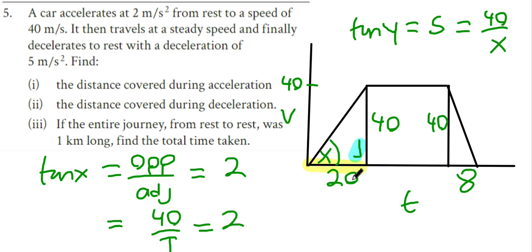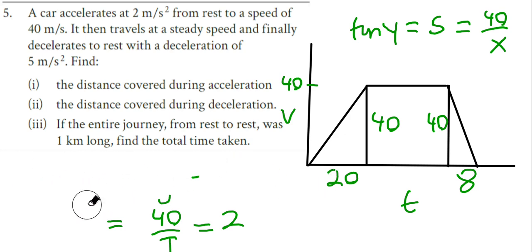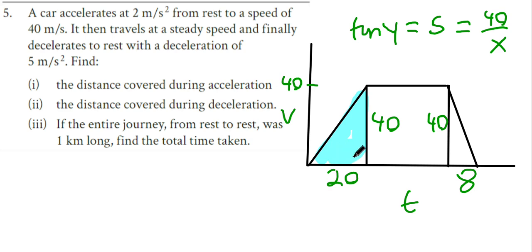Now, the next trick is the area under the graph is your total. The area underneath the graph is how far you actually traveled. As an example, the area of this blue triangle is how far you traveled during acceleration.